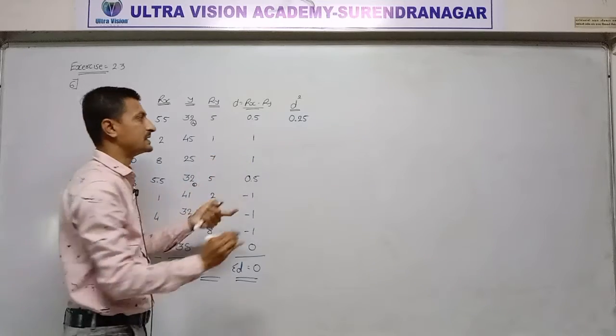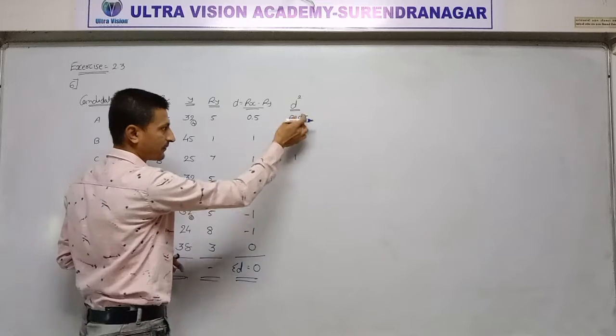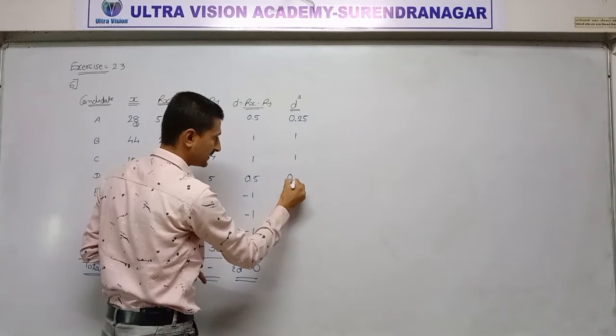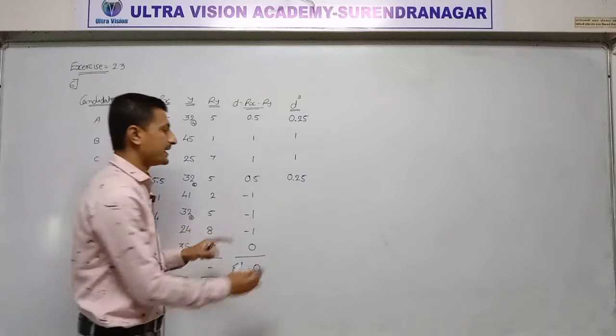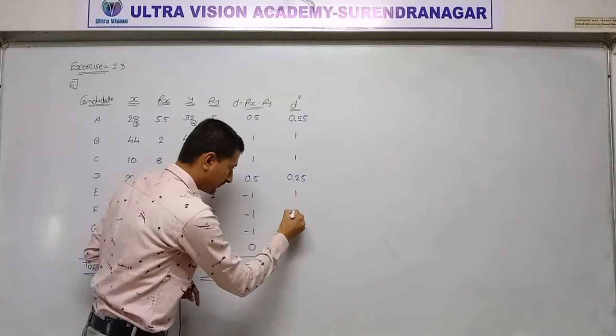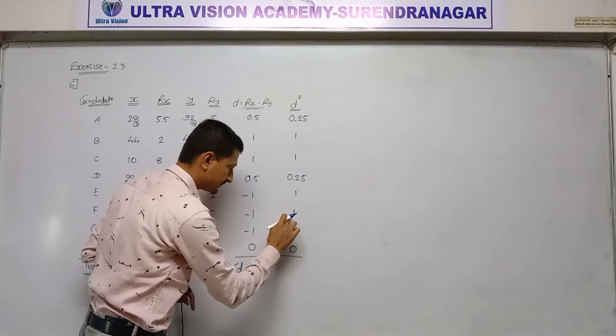Next, 1 square is 1, 1 square is 1, 0.5 square is 0.25, minus 1 square is 1, and last 0 square is 0.